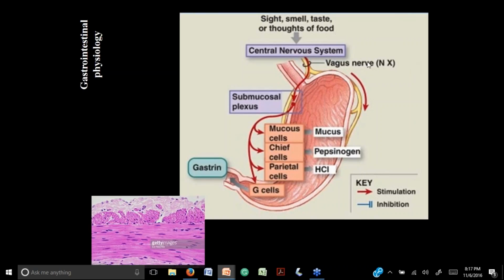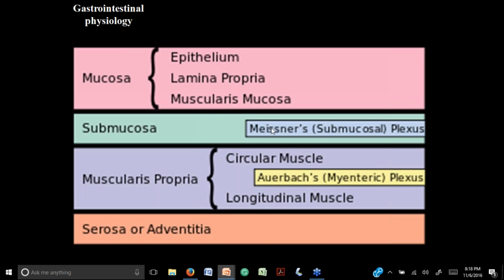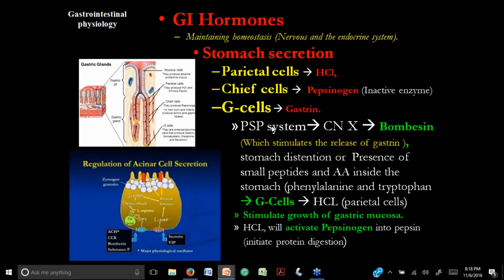The vagus nerve belongs to the parasympathetic nervous system, and it releases the acetylcholine. The acetylcholine gets into the plexus, and the myenteric plexus, and they are going to release the secretions. All right, so this is just a close-up of what we were mentioning.